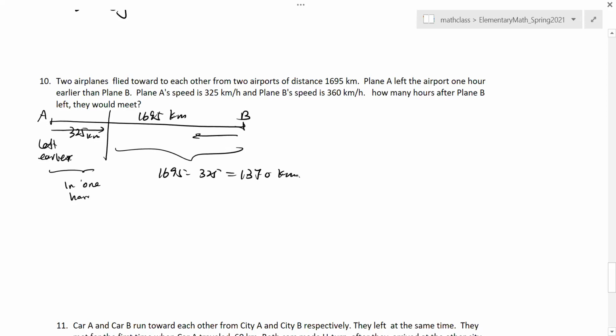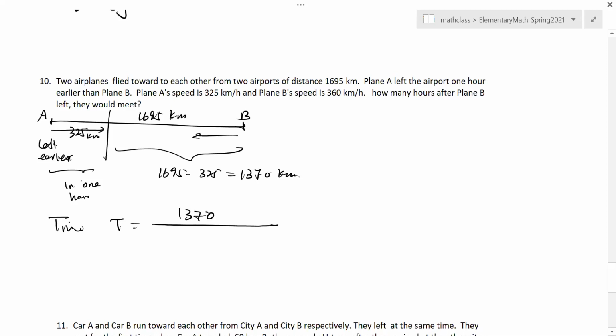Then they both leave at the same time. So how much time does it take for them to meet, to travel this total distance?